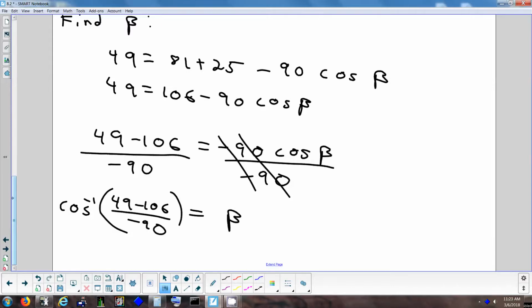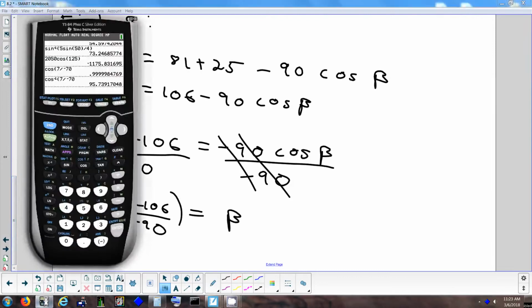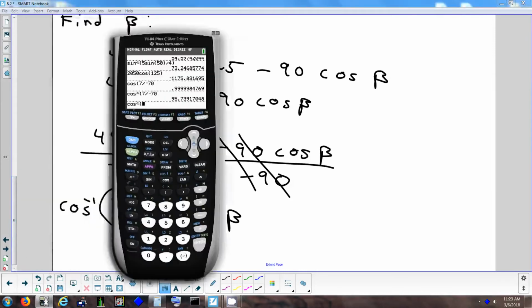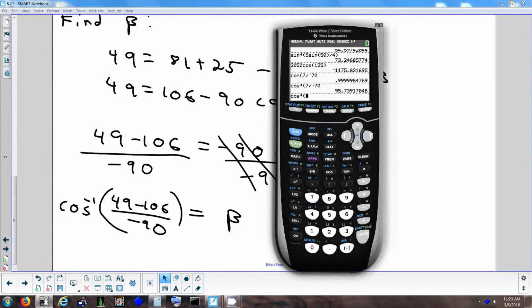If you don't want to do it that way, you don't have to. You can do it out at each step. Second, inverse cosine. I want to do the numerator first, because following order of operations, that's how you do it. If that's confusing, do this calculation out separate.